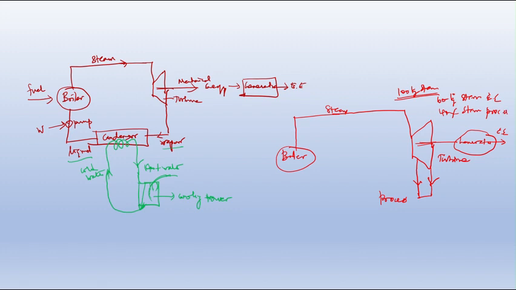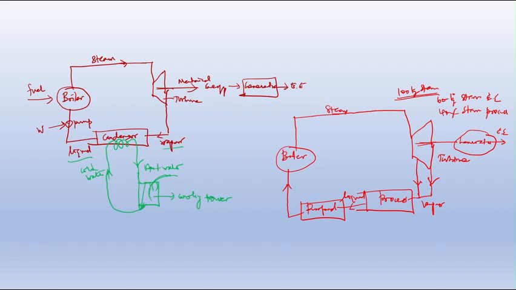The process applications are drying, soaking, parboiling, and whatever processes in industry require steam. After the process, the steam is converted into liquid, purified, and fed again into the boiler.